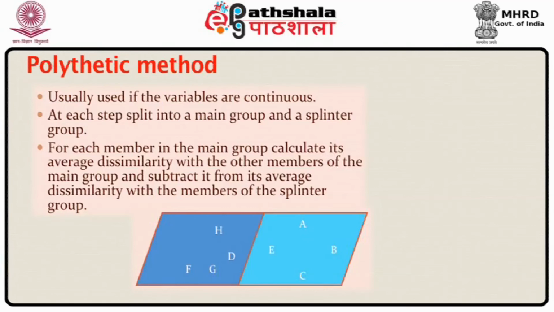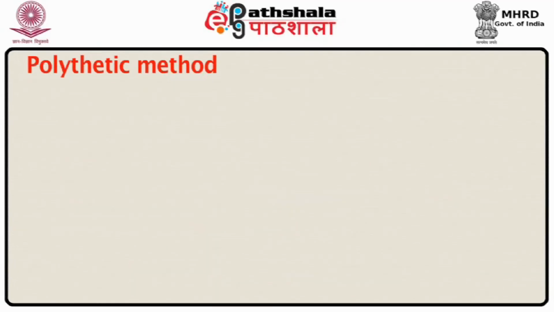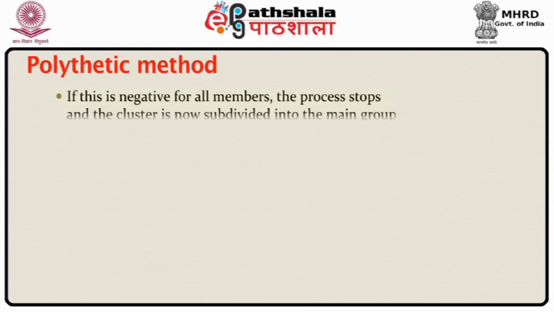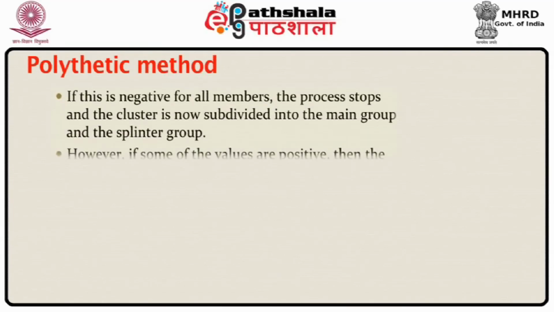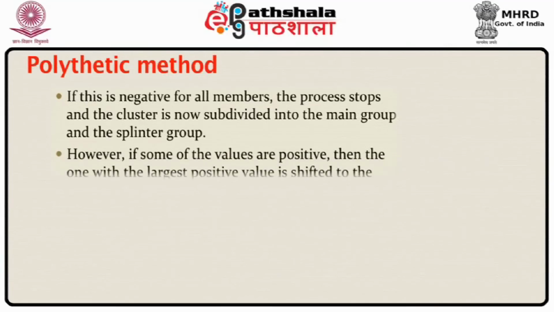If the differences come out to be negative, then we can stop the process. If all the members have negative differences, we can stop the process and say that the cluster is now subdivided into the main and the splinter group. Because if all the values come out to be negative, it really means that within that main group, all the individuals are closer to themselves than to the splinter group members.